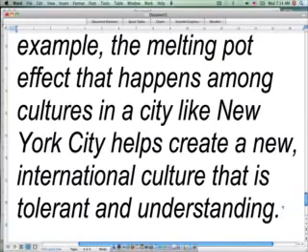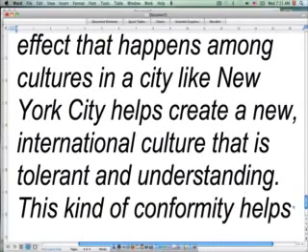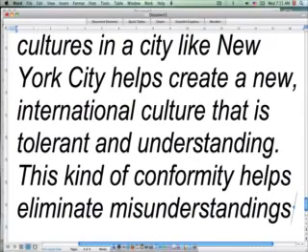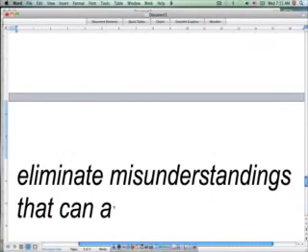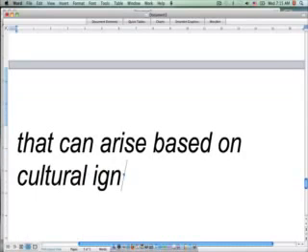So now we just have to show in this next sentence how this is a very positive thing. So this kind of conformity helps eliminate misunderstandings that can arise based on cultural ignorance.